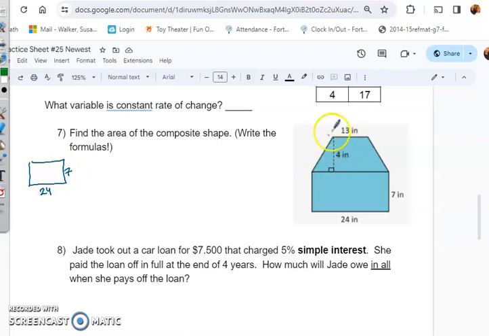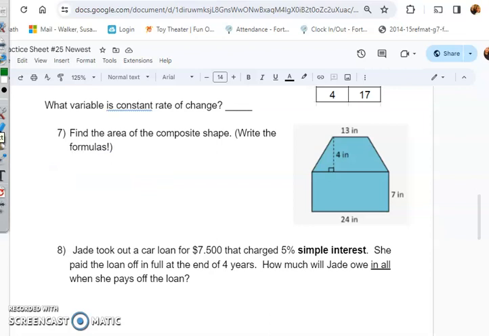And we have a trapezoid. So I have my two bases, B1 and B2. I will give you a hint: this is 24. The height is 4. I am not going to give you the formula, but look on your formula chart for area of a rectangle and a trapezoid.